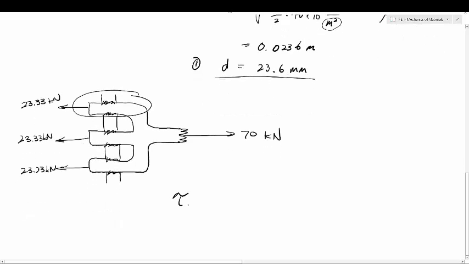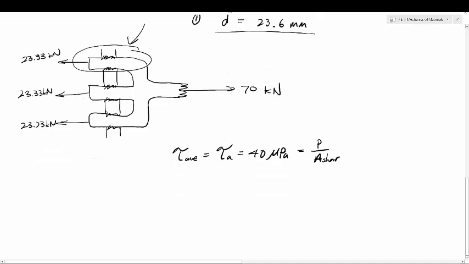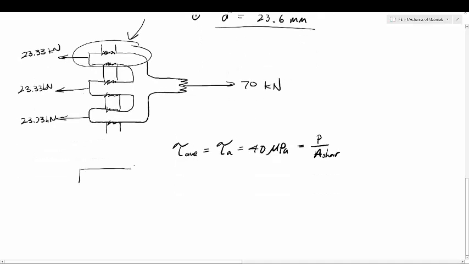So average shear, again limited to our shear allowable, which was given as 40 megapascals, is going to be P over A. When we look at this part of the knuckle, we have 23.33 kilonewtons going left, so it's got to balance out by 23.33 kilonewtons going to the right.